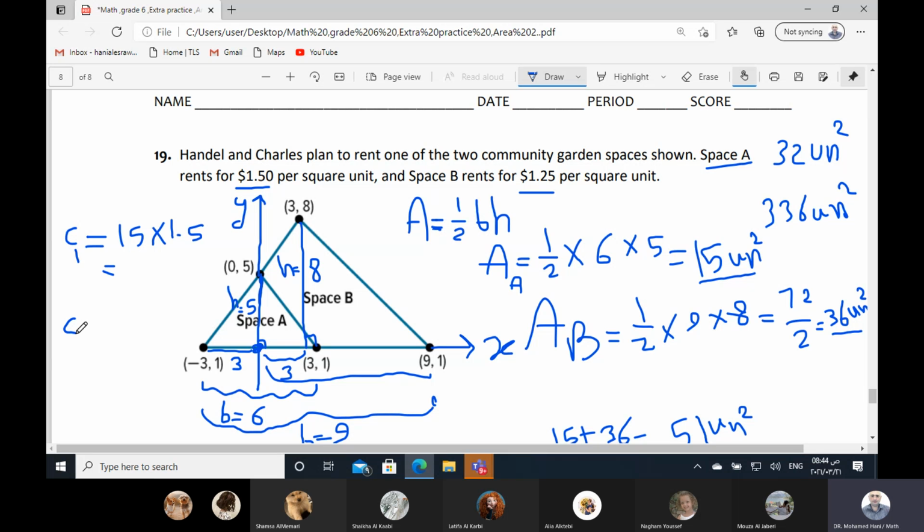And the second cost: take the space 36 times the space B rent of 1.25.